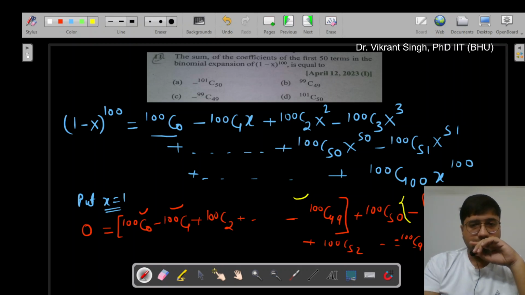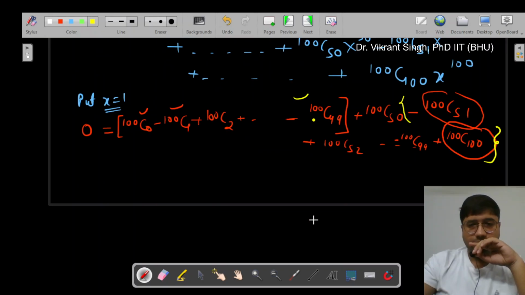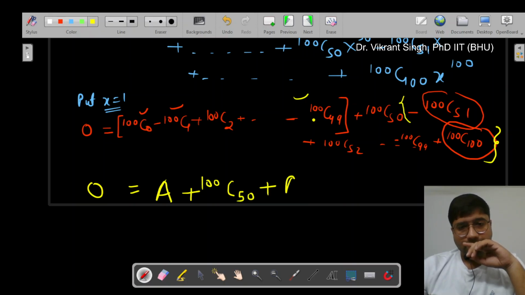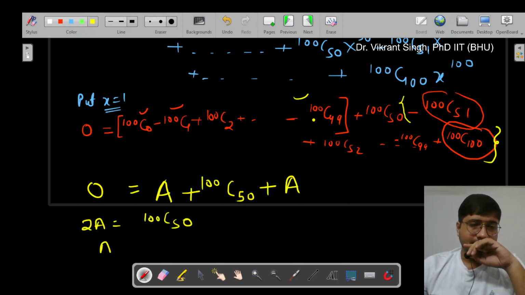So what we can say, we can simply write here that 0 is equal to, I suppose this term as a, then a plus 100c50 plus a, so twice of a is equal to minus 100c50, and a is coming to be minus 1 by 2 of 100c50.